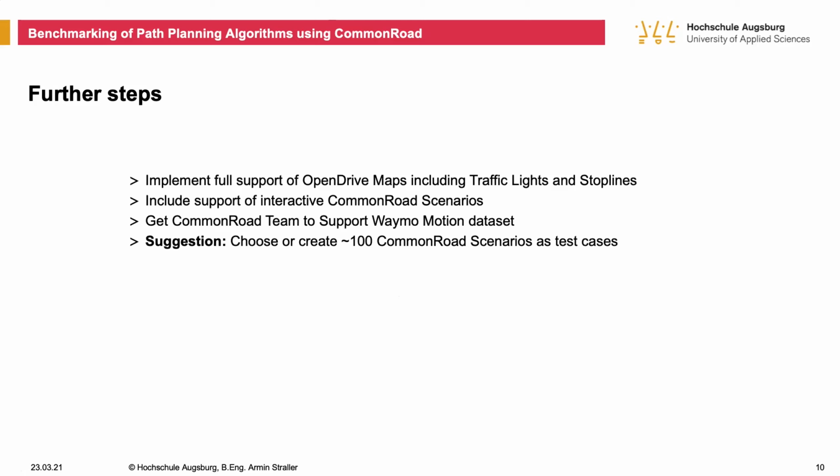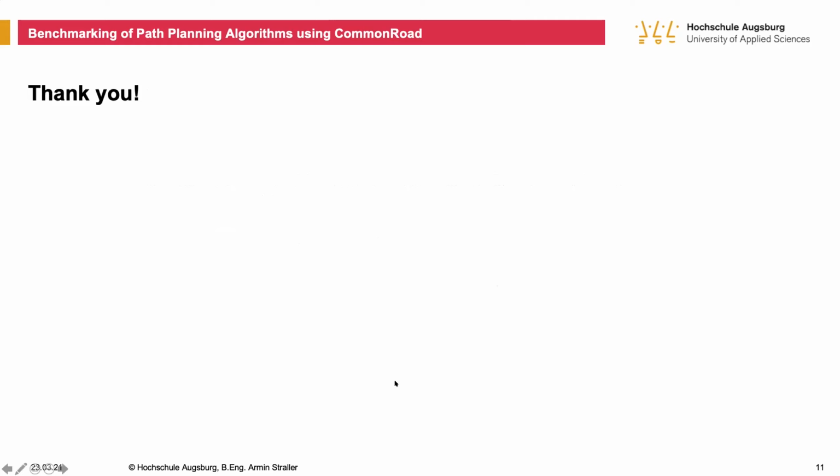You could also just test on like 50 or 100 different maps, with left side and right side traffic, and add different start and goal positions to all of these individual maps. So you wouldn't have to create as many maps, and use them as a reference for integrated testing or unit testing of the OpenPlanner whenever new software releases are made. That's it from my side, and I'm open for questions or whatever suggestions.